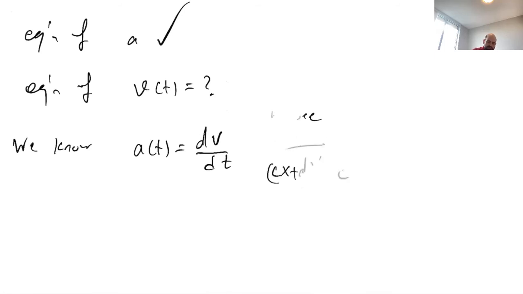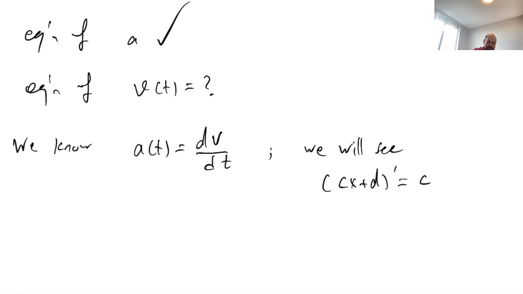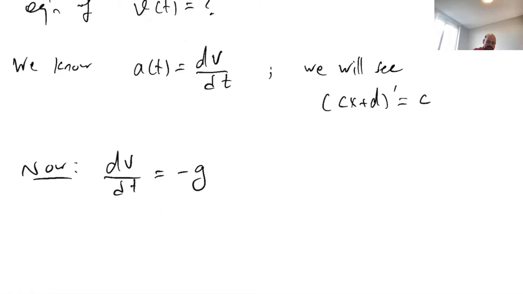Let me write it here. We see that the derivative of cx plus d is c. Now here, dv/dt is equal to minus g. So what is v?